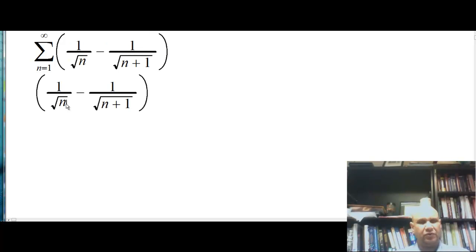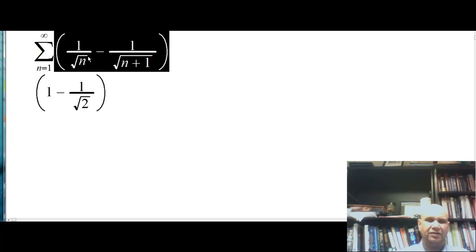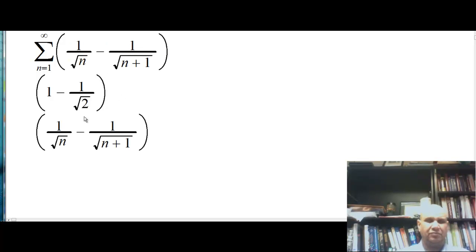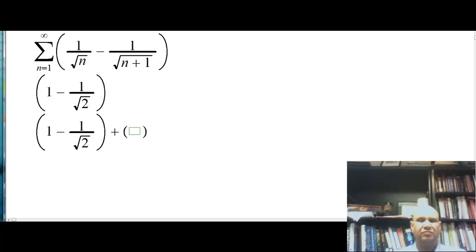The term number 1 is 1, so we can write that as 1 over the square root of 1, so this will be 1, and here we get a square root of 2, right? In the second one, the first term is the same, right? Makes sense. And here we got a square root of 2. Then what we will have next? Plus 1 over square root of 2, right?